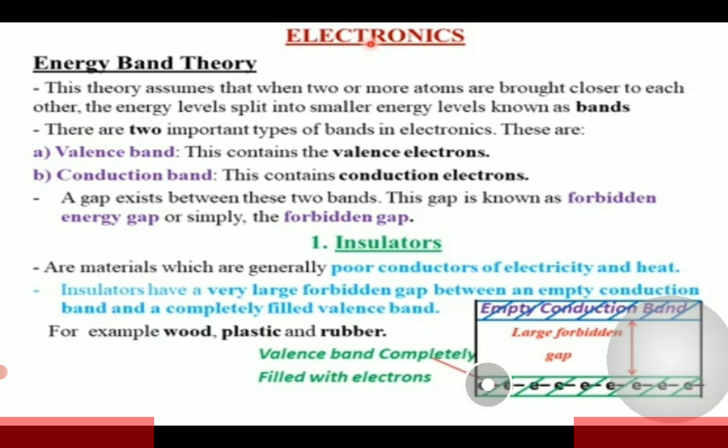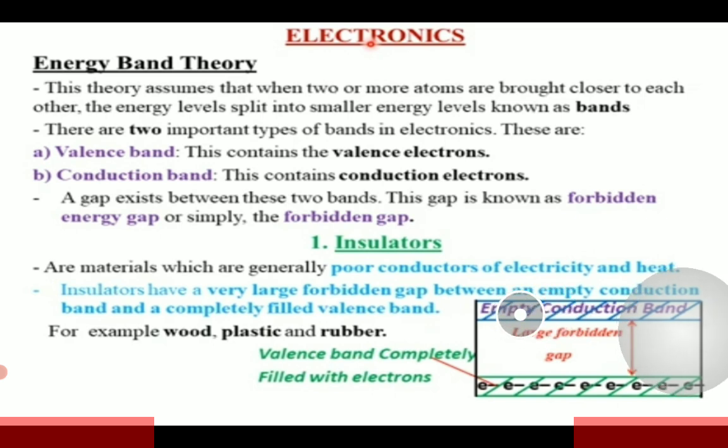Referring to this diagram here, you can see this diagram represents a material which is an insulator. It has two regions. This region, which is called the valence band, is completely filled with electrons. And then up there, you have the empty conduction band. For the time being, the conduction band is completely empty.